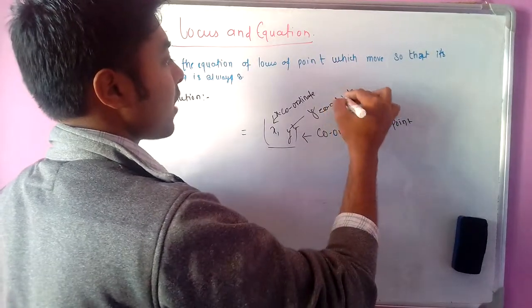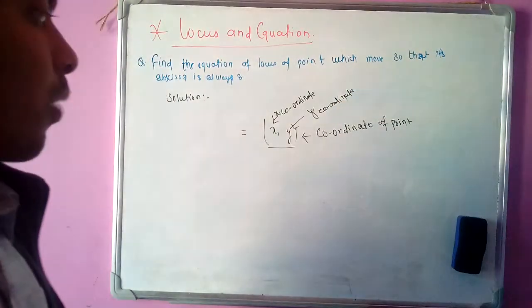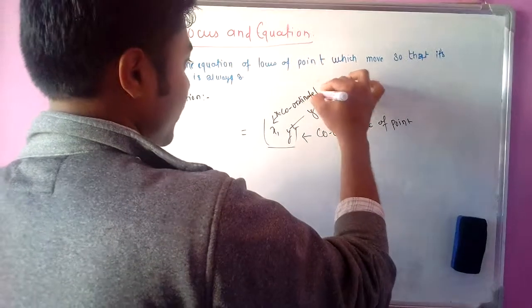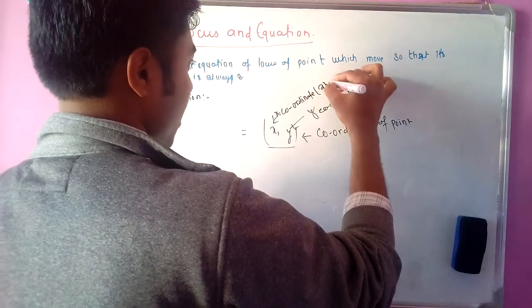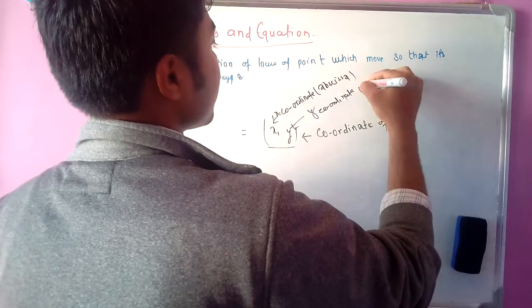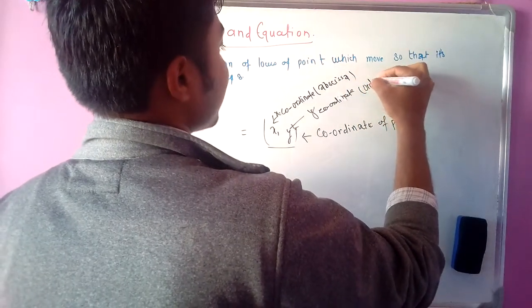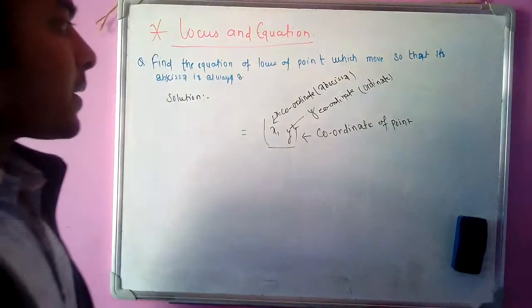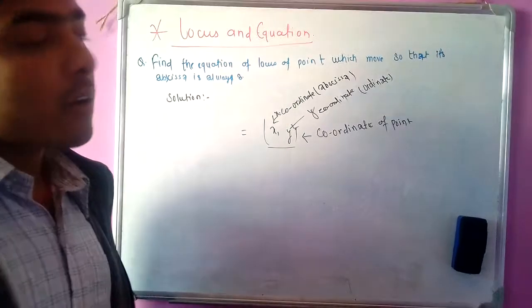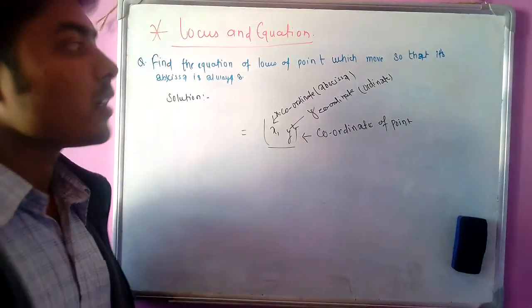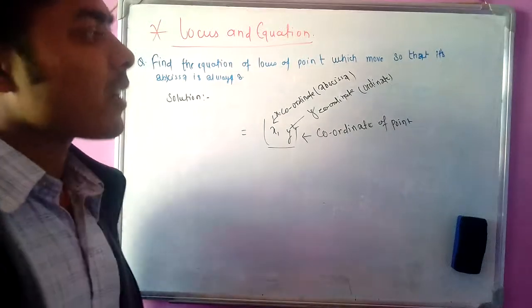Instead of saying x coordinate, we use the term abscissa, and the y coordinate is also known as ordinate. Another name of the x coordinate is abscissa and another name of the y coordinate is ordinate.